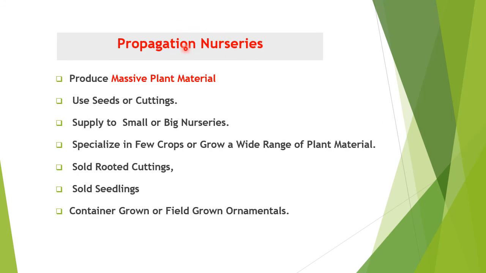Propagation nurseries, as the name signifies, only propagate the material. They produce massive plant material, using seeds or cuttings for propagation. They supply to small or big nurseries because they have a huge production. They specialize in few crops or grow a wide range of plant material.